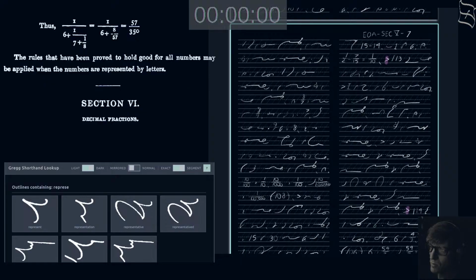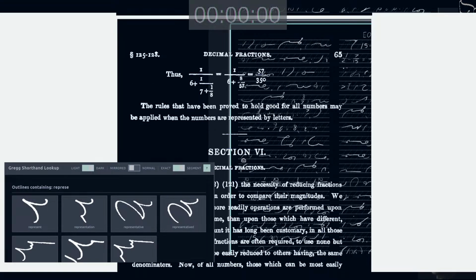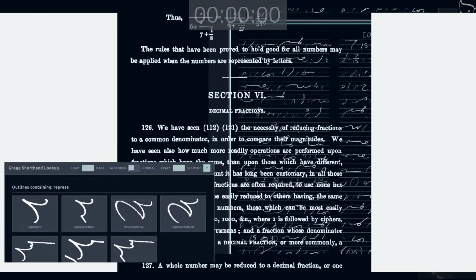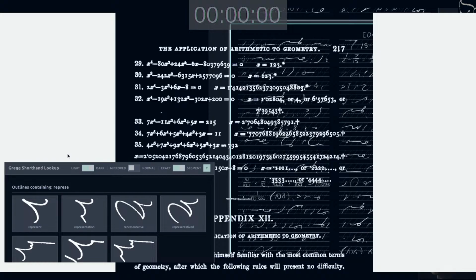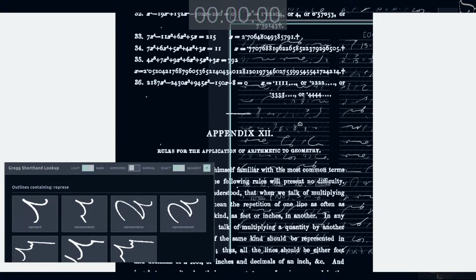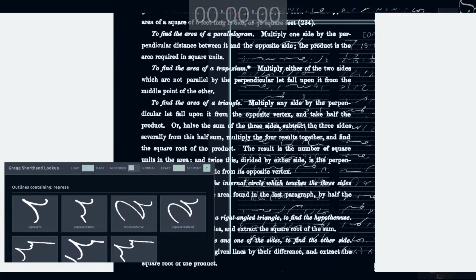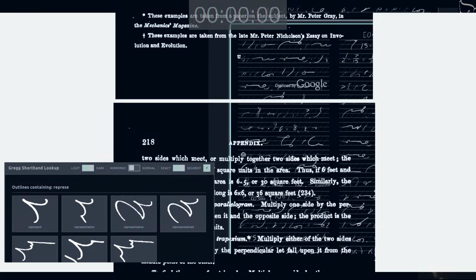Now decimals are next. Let's see how many more pages this has. I probably will have to end up truncating it, but I'm pretty sure it's 217 pages of material.